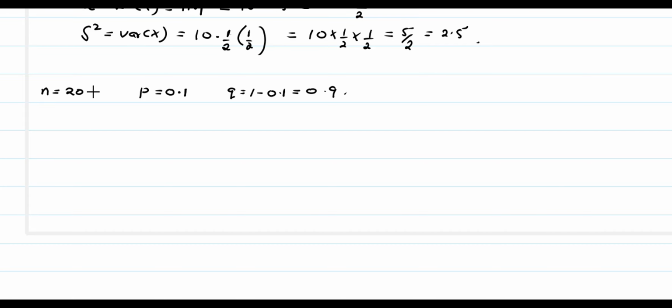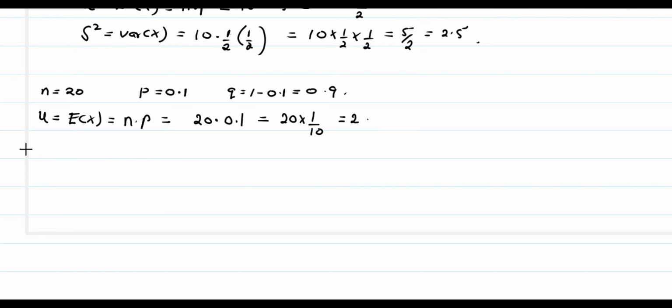So the mean, mu, is given by E(x), which equals np. We already know n is 20 and p is 0.1. So 20 multiplied by 0.1, which is the same as 20 multiplied by 1 over 10, becomes 2.